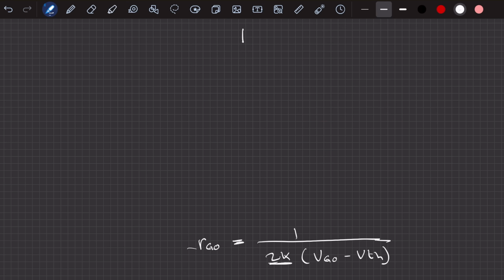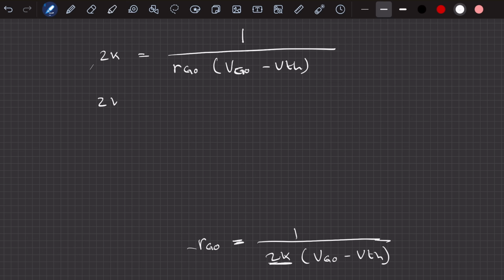So 2K is equal to 1 over RG0 (VG0 minus VTH), and all I've done is multiply both sides by 2K and then divide both sides by RG0. So obviously you end up with RG0 on this side and you end up with 2K on this side.